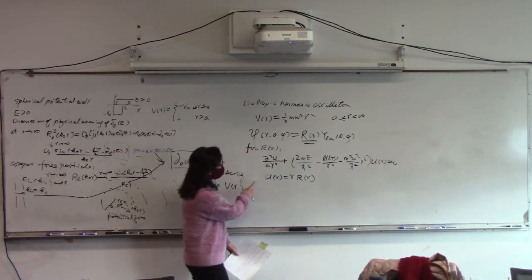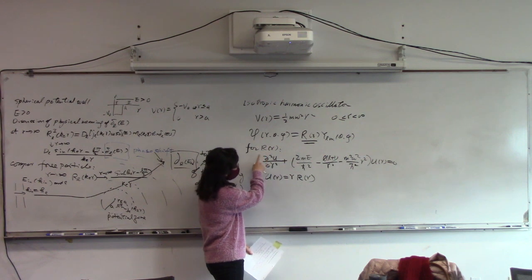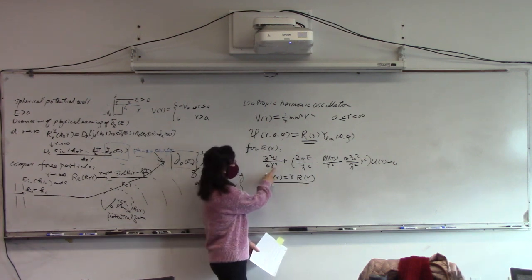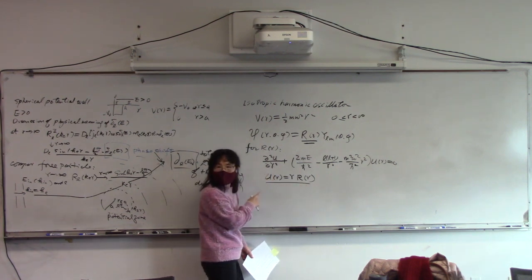So for the radial equation, for the radial function, we have several options: either use this one, or introduce U as a function of r, which is defined by this. Then the radial equation reduces to this. Remember this, right?